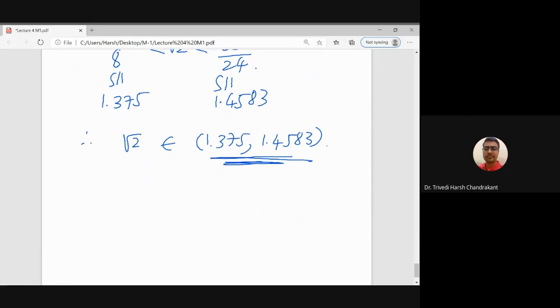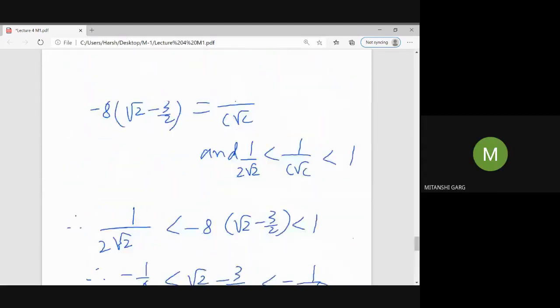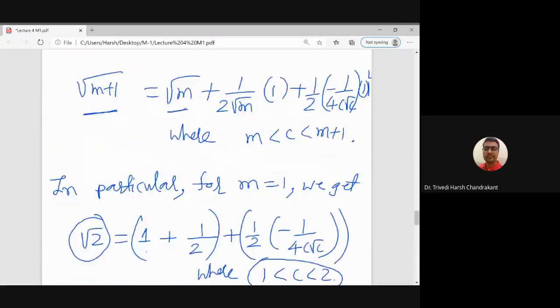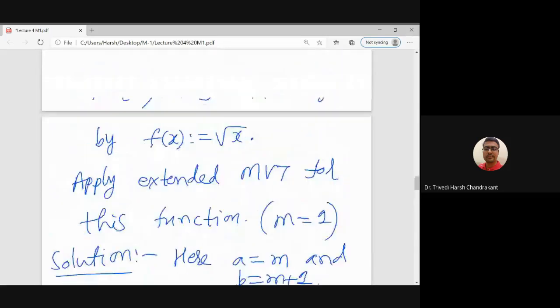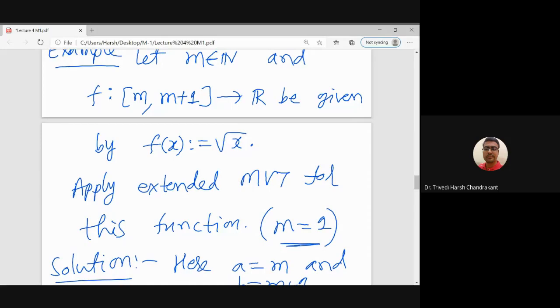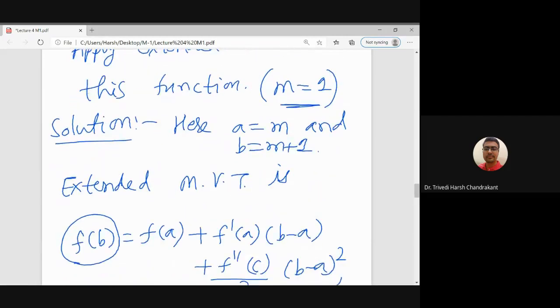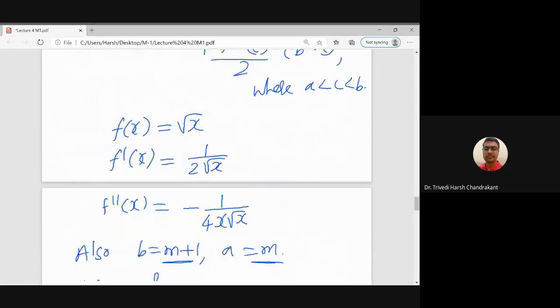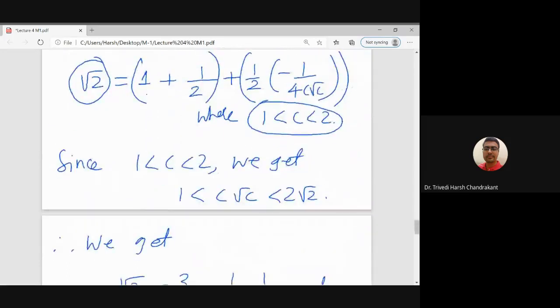Sir, we can take any value of m, or at least which m value we have to take? So in this example actually we have given which m we are supposed to take. So we have actually mentioned the interval. Of course, if you want to practice, you can take any m and you can see. Then that value will change, root 2, root 3, and that way we can approximate different square roots.